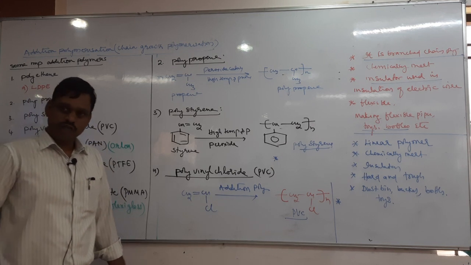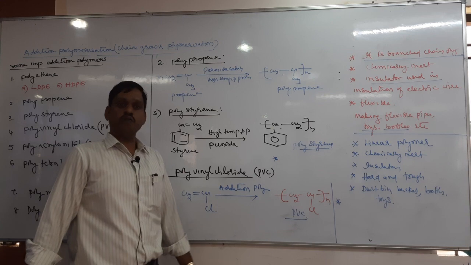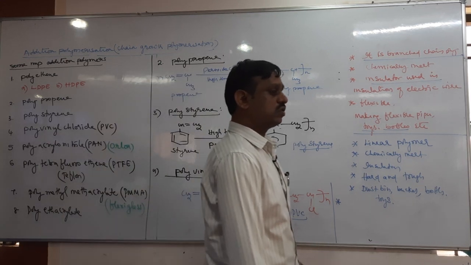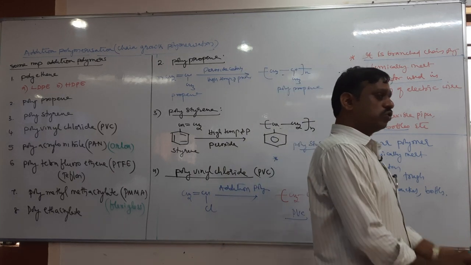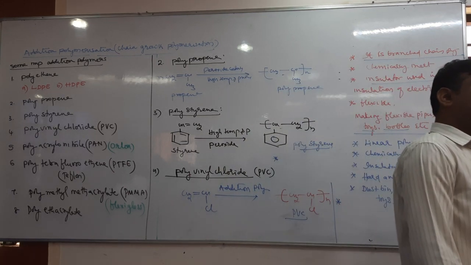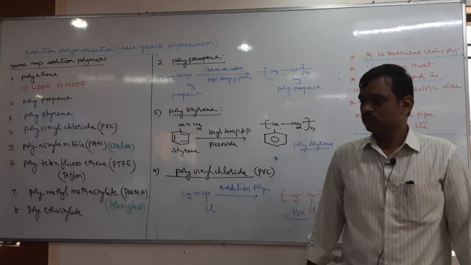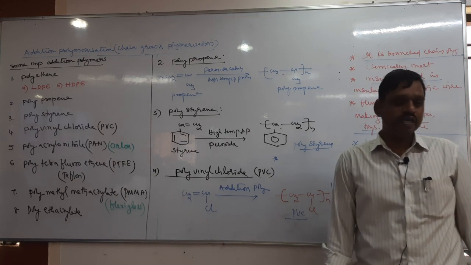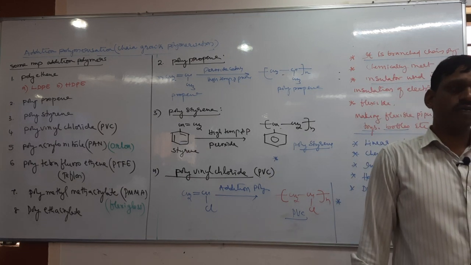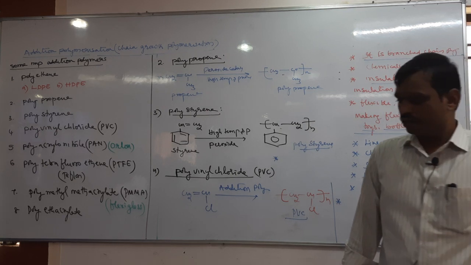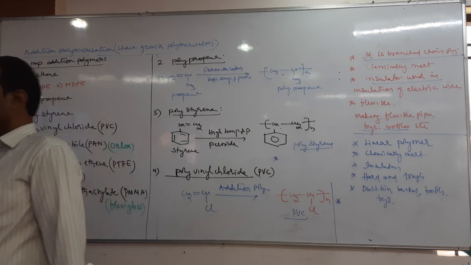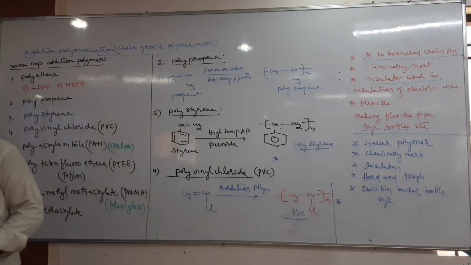So therefore it is also popular with the name of vinyl flooring. Okay, it is used in manufacture of pipes, comma, raincoat, comma, handbags, and it is also used in vinyl flooring.